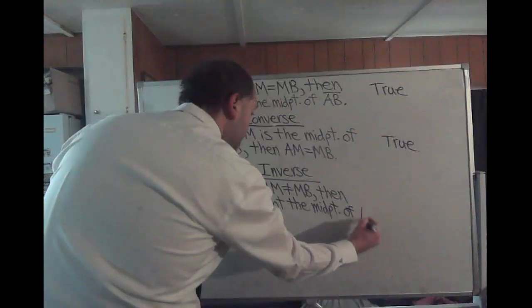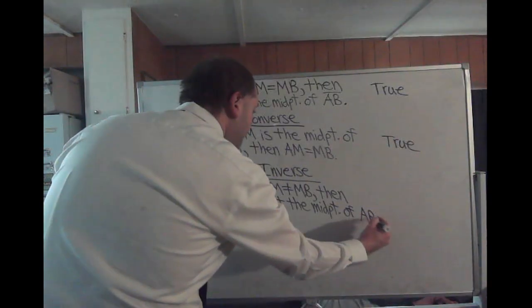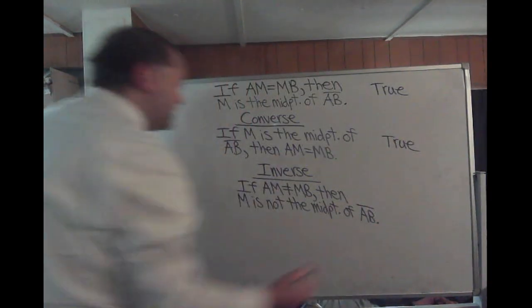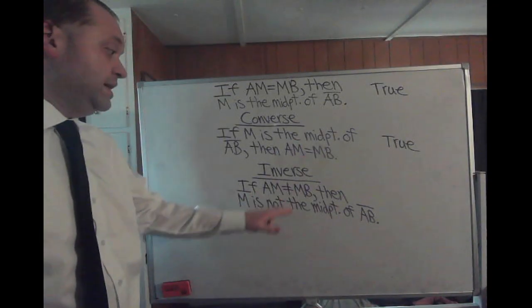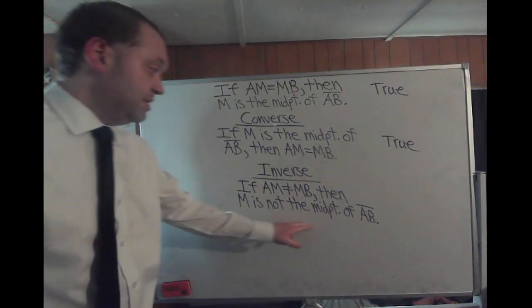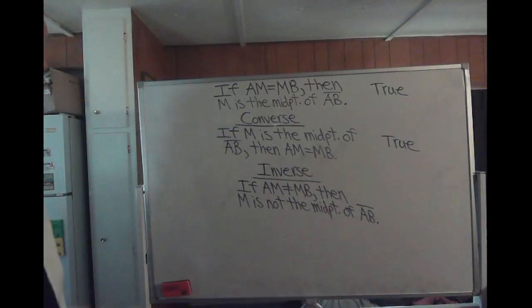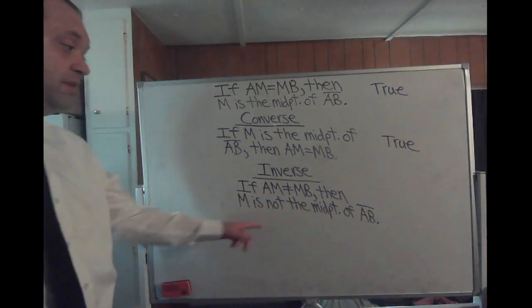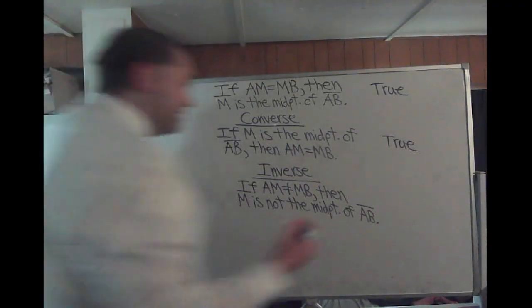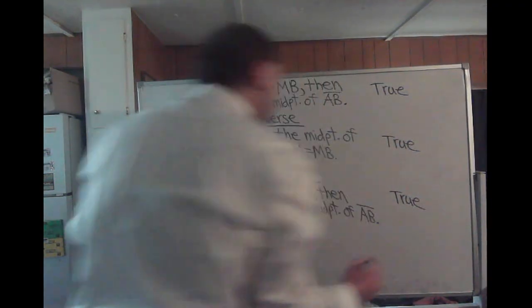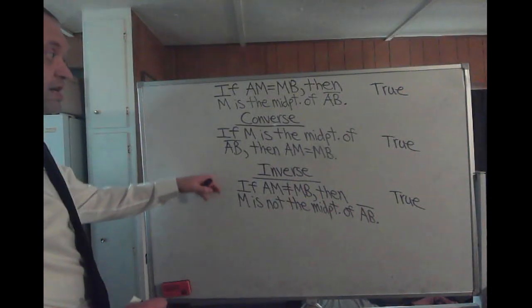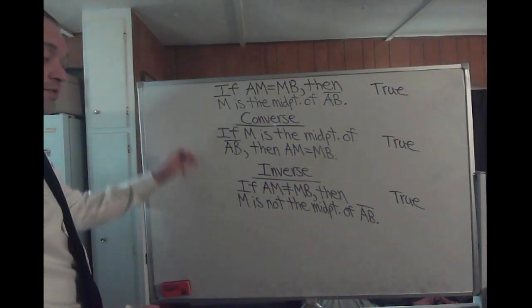If AM does not equal MB, then M is not the midpoint of segment AB. Well, if AM did equal MB, M would be the midpoint. So this is actually a true statement also. The inverse is also true. So every once in a while, you'll have the converse and the inverse that agree with the original.